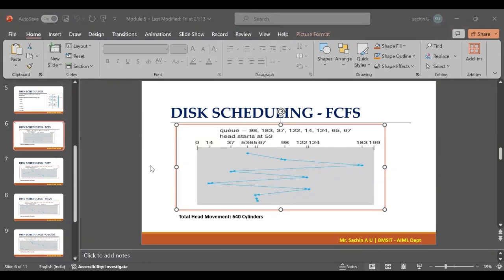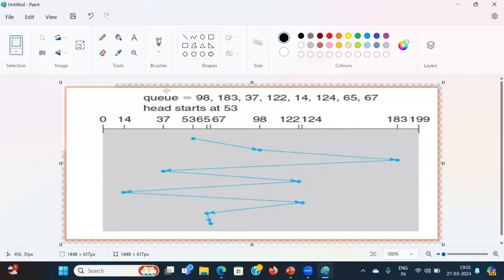Okay, so now what we can do here is, this is the given queue for you, right?